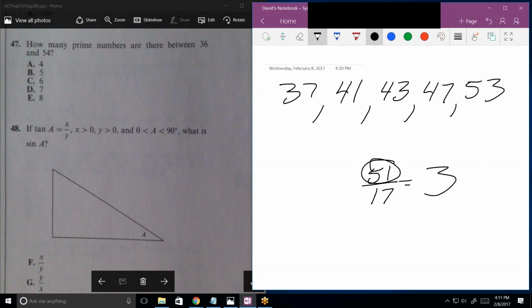So there are 5 prime numbers between 36 and 54. When they state it like that, you're not considering 36 or 54, just the numbers in between them.